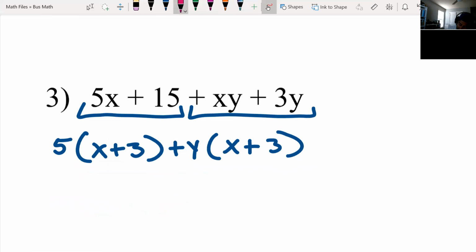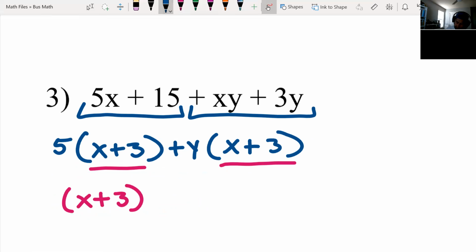And now what looks common? X plus 3. Your x plus 3s, you factor that out, and what is left? 5 plus y.